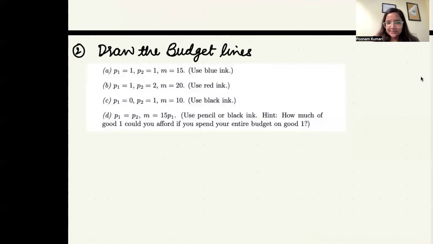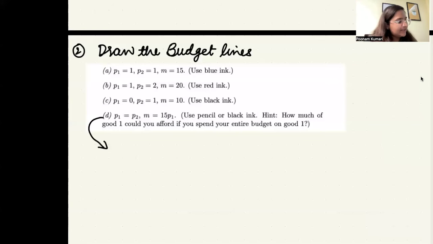Draw the budget lines. Price दिए हुए, income दी हुई है. How do you make the budget line for part number D? I think you can make part A, B, C. How do you make the budget for part number D?